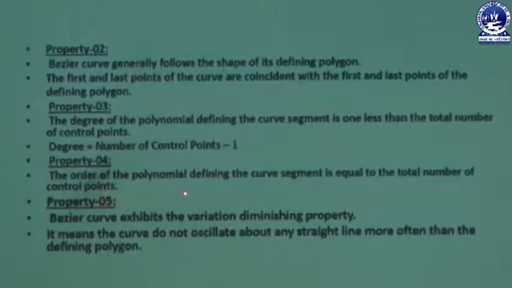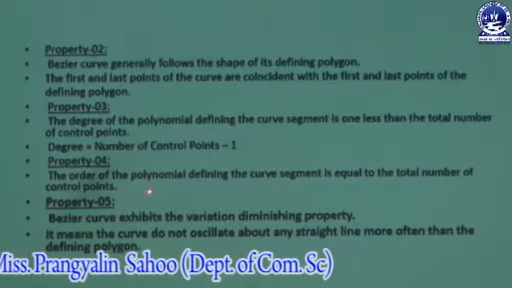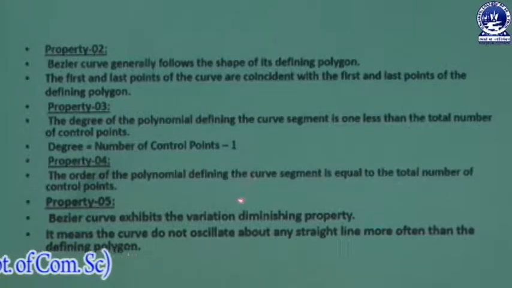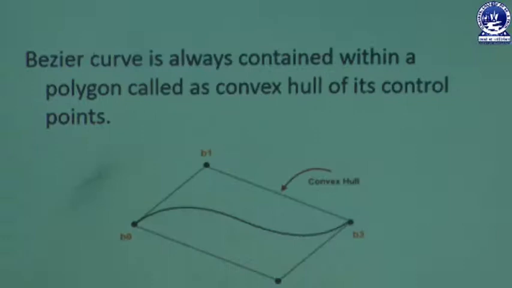The order of the polynomial defining the curve segment is equal to the total number of control points. That means when we express graphical elements through mathematical functions, we use polynomial parametric equations. If programmers need to find the order of the given curve, the total number of control points available for drawing the polygon equals the order.